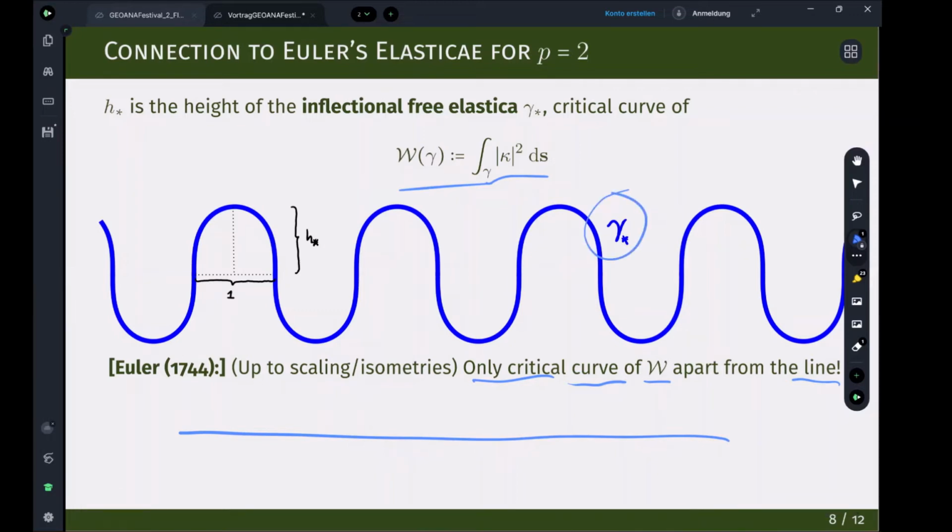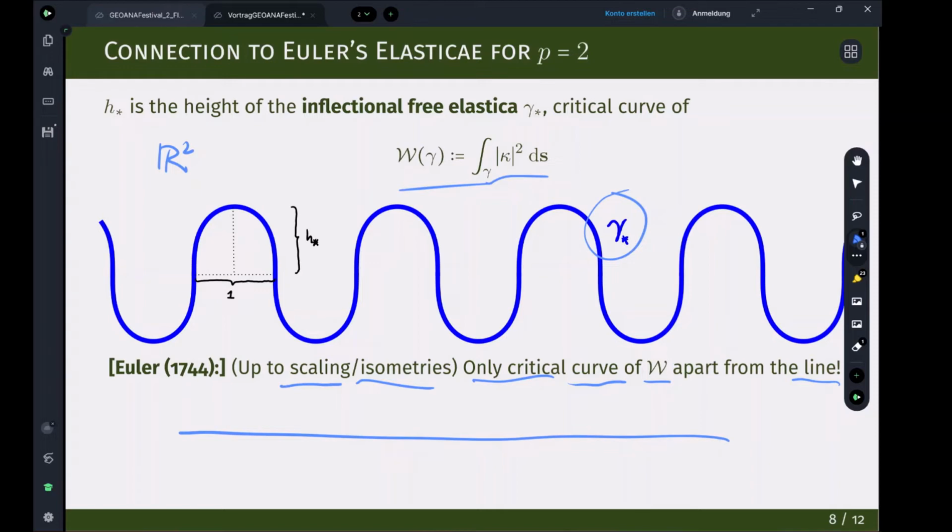And further than that, one can only have scalings or isometries of this critical curve gamma star. So isometries are rotations or translations in the Euclidean plane R squared. There you can have only these kinds of isometries, rotations and translations. And then you have an exhaustive classification of critical curves here.